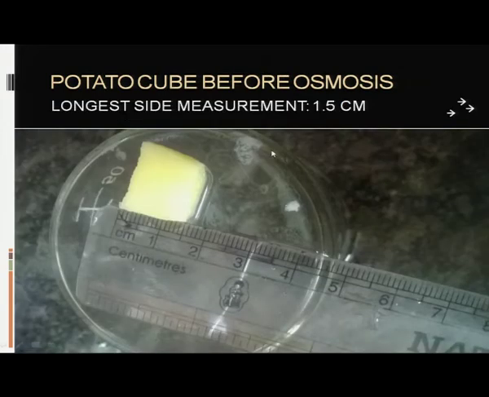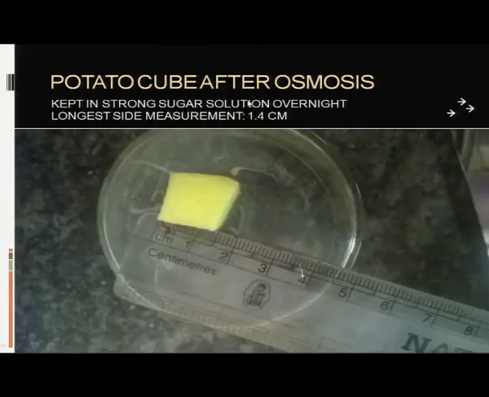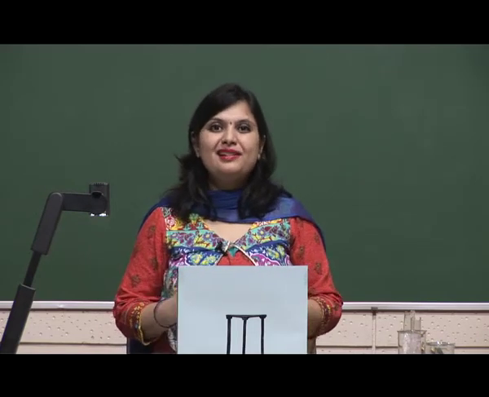So, this was the earlier picture before osmosis, and this is after osmosis. So, what has happened? The water has been drained out from the plant cells because of the presence of concentrated solution outside the cell environment.